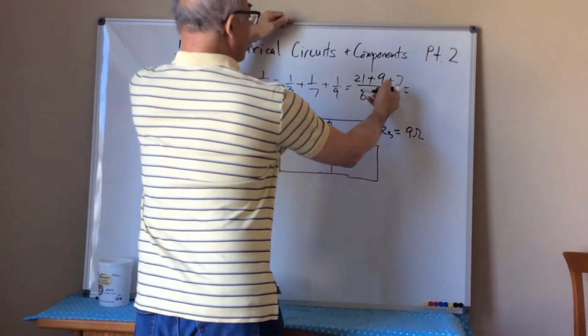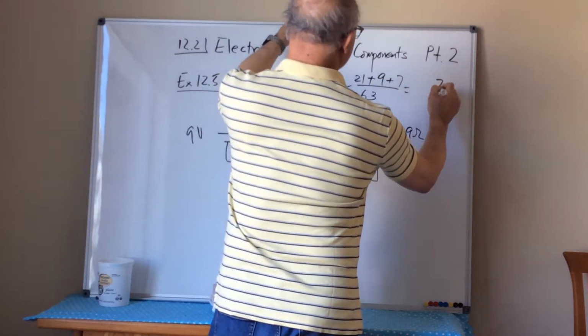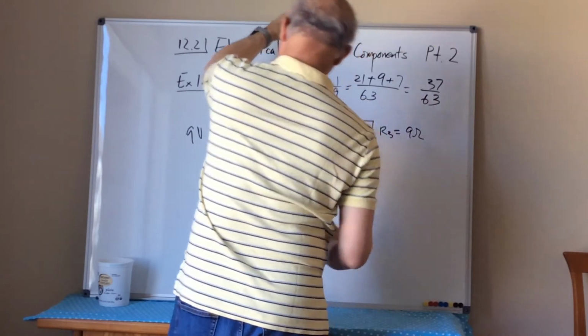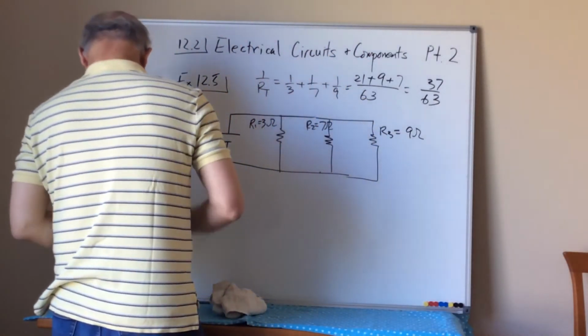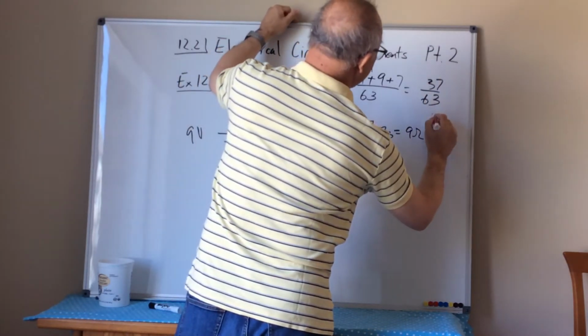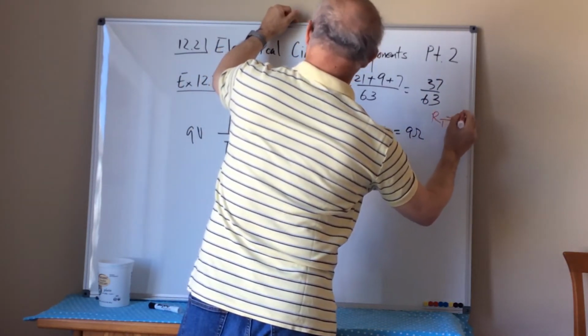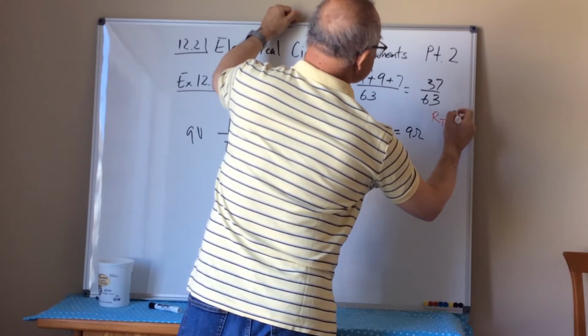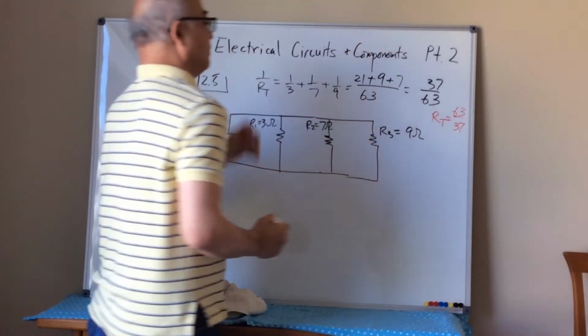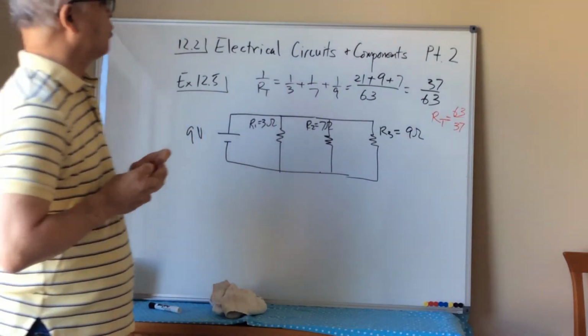So I add these together, I get 37. So flip both of these sides over, my total resistance is going to be 63 over 37. Okay? So that's my total resistance.